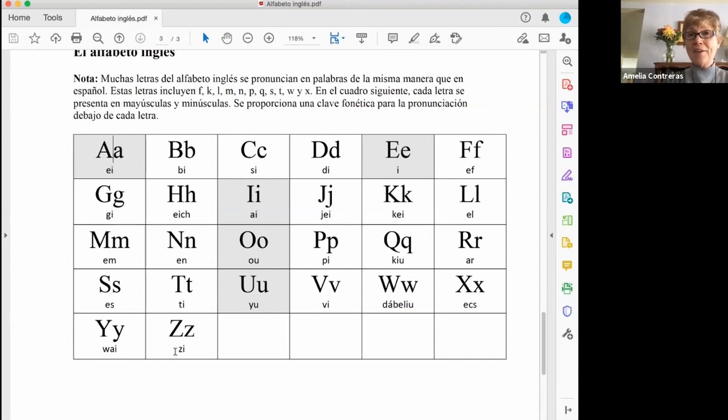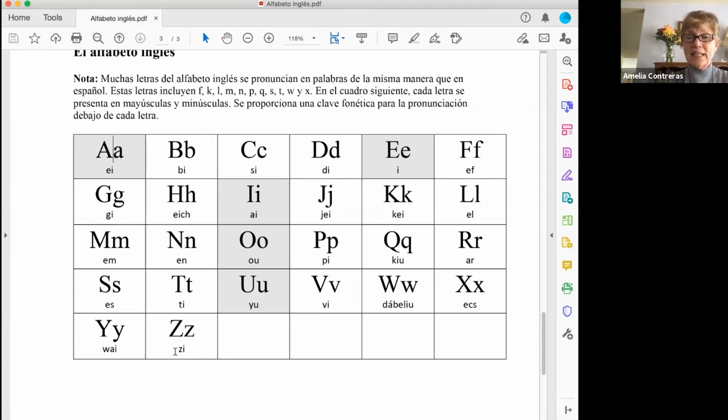Now, I have some resources embedded in this lesson as links to 2 different videos where you'll be provided both pronunciation of these letters and close-ups of how the mouth forms the sound. So we'll get to that quickly. But first, I want to say something about the nature of the alphabet.